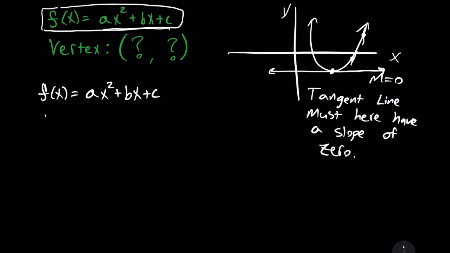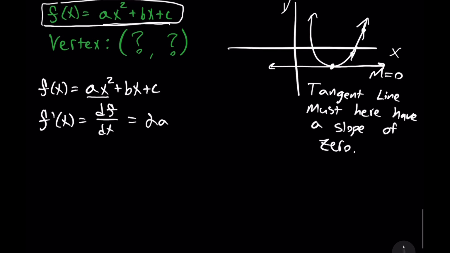Let's find the derivative f prime of x, or in different notation, df dx. Here we're going to apply basic differentiation rules. So this is one of the major prerequisites. What's the derivative of ax squared? We think about the power of 2, so we bring the 2 down, so we have 2a, and then x squared, we always minus 1 power, so it's just an x.